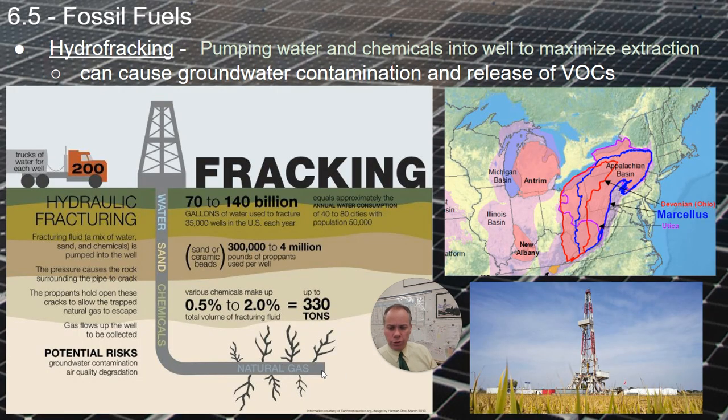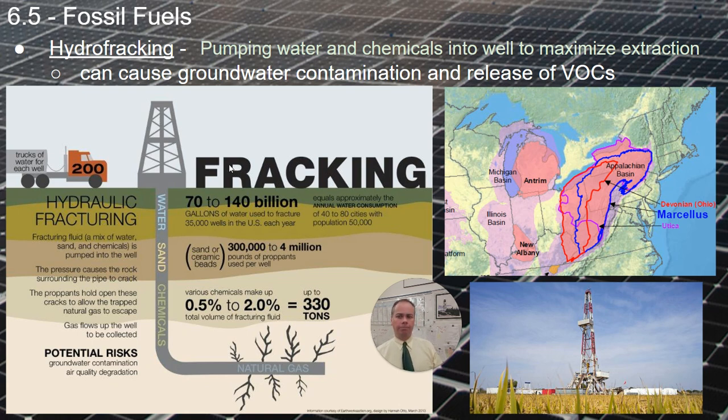There are other concerns as well. There are concerns that hydrofracking and fracturing the rock in these areas can lead to increased levels of geologic activity, such as earthquakes. There's the use of water, which equals about the annual water consumption of 40 to 80 cities. That water is then contaminated because of the mixture of sand and chemicals that are put into it. If the hydrofracking interferes or connects with groundwater or aquifers, it can contaminate those aquifers.